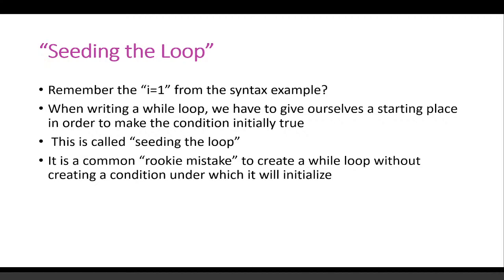Something that I've commonly seen in the past is that you'll try to create a loop without establishing that starting point, without establishing a physical value that's going to be that starting point. Now, let's talk about how we can seed the loop and do some different examples of that.